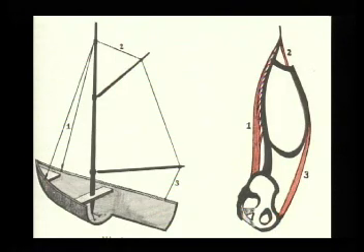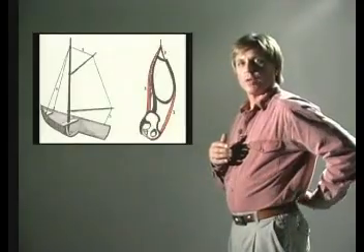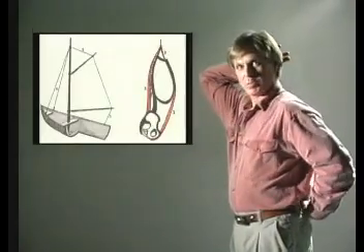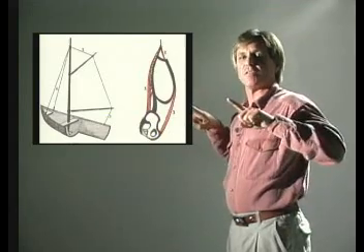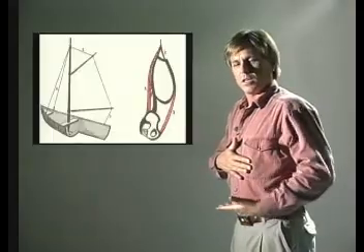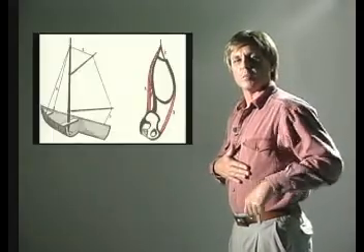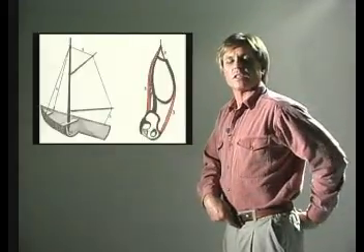Okay, so this slide shows us what we were looking at on the boat, but more precisely, exactly how the mast of the spine is arranged like a sailboat. If you look at the boat there, you have the two shrouds coming from the front of the boat up to the top of the mast, and then in our case the scalenes going down to the gaff of the first rib, and the rib cage is like the sail, and then the sail is from the boom, which would be the bottom of the rib cage, is sheeted back to the hull of the pelvis by the rectus abdominis.